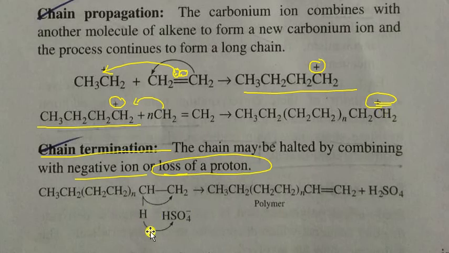That plus H is going to be removed and added up with the ion which was left over in the first process, the chain initiation process. Both of them join together and form H2SO4, which terminates the chain propagation, and it forms the required polymer that we wanted to have.